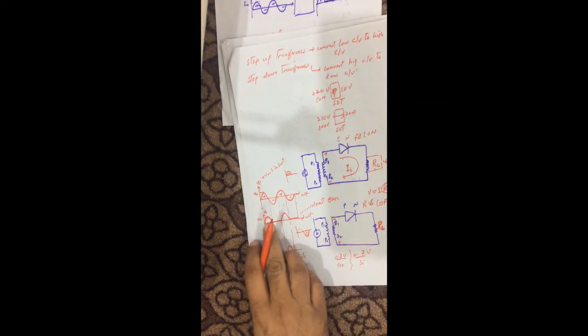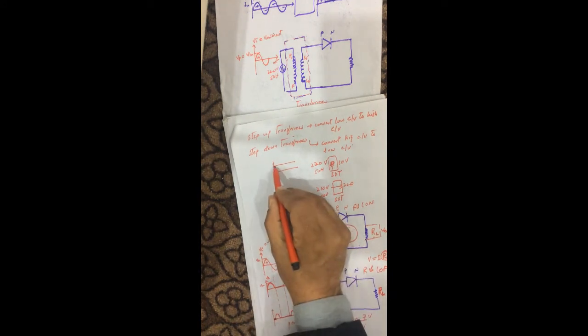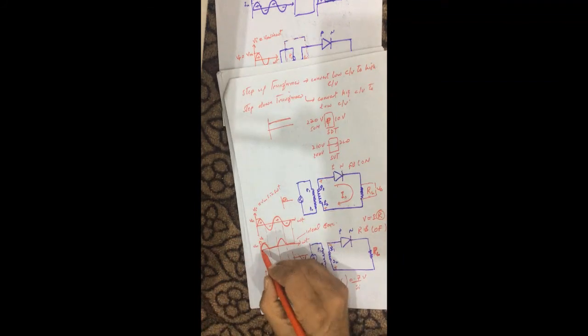Now, one thing more. Why is it not pure DC current? Because for DC current we need a shape like this. That DC current will be constant. The current will have a constant value. But here, if you look, this current is not constant.